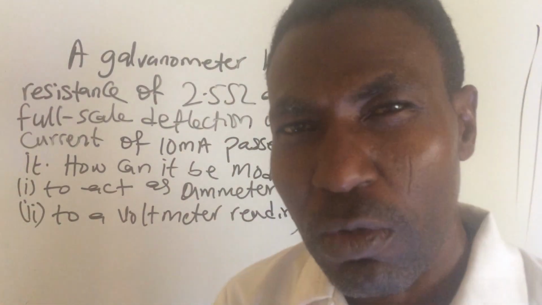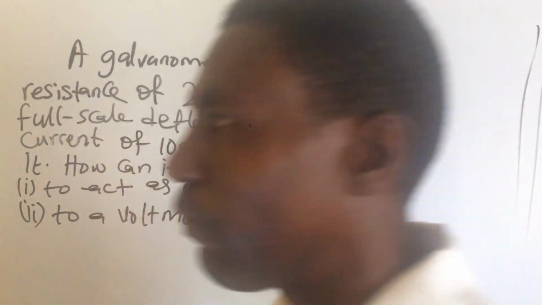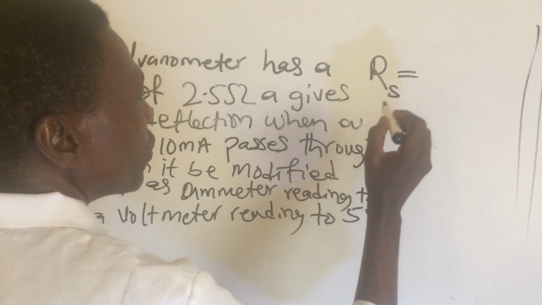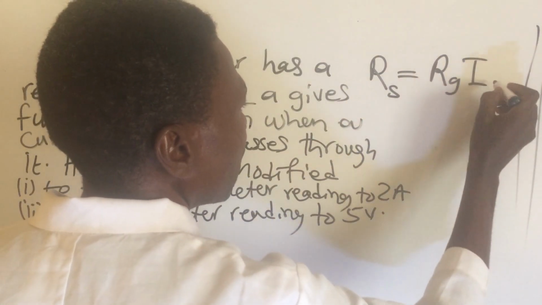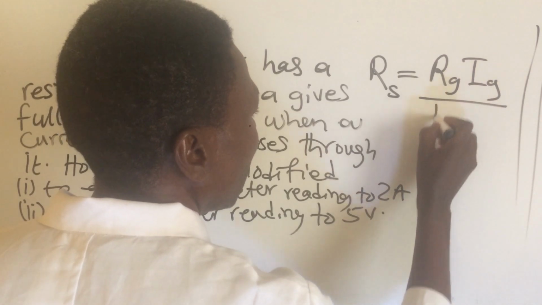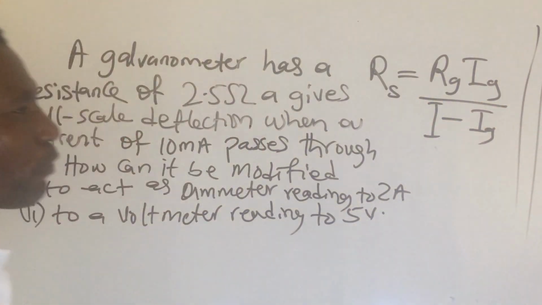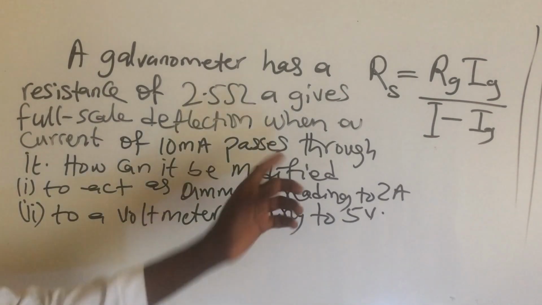Now it has a formula. Let us treat this one first. The formula says Rs equals Rg times Ig all over I minus Ig. This is the formula we use to calculate that small resistance called the shunt.